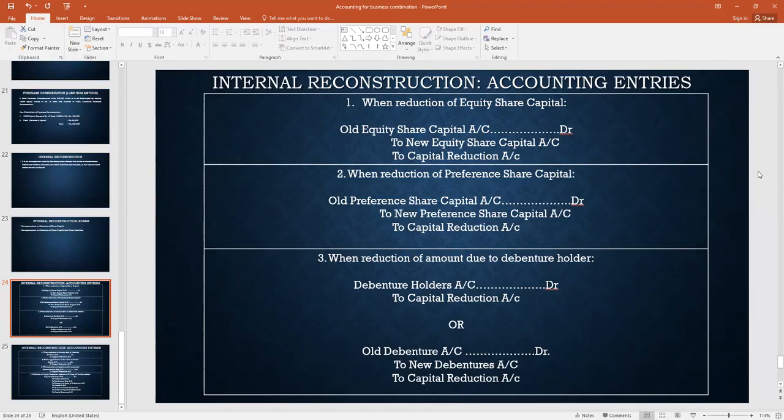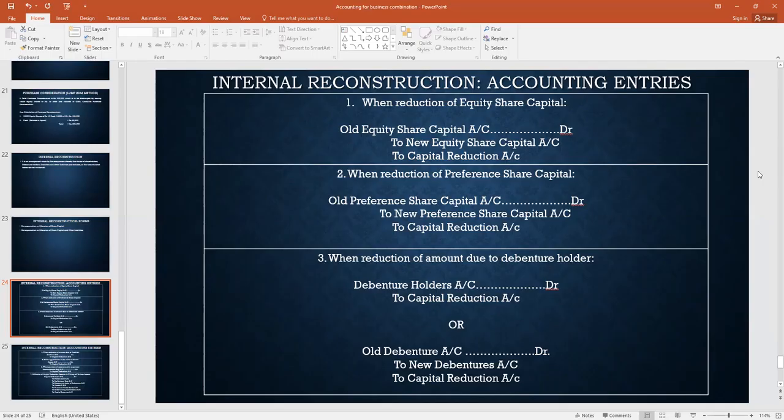Now, reduction of the amount due to debenture holders. Here there are two ways. The first is that the company can directly reduce the claim of the debenture holder and transfer it to the capital reduction account. Another way is that, instead of the old debentures, the company can issue new debentures with a lesser amount.